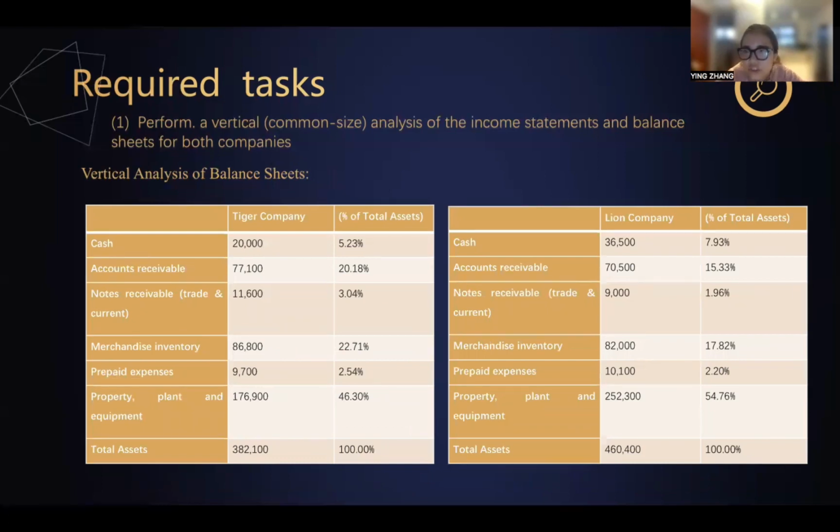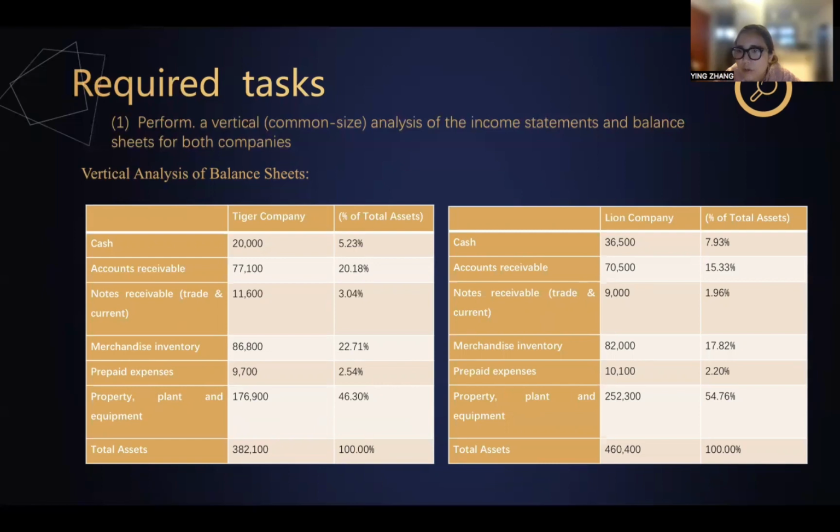From balance sheet analysis, cash represents 5.23% of Tiger Company's total assets, while for Loin Company, it represents 7.93%. Loin Company maintains a relatively higher cash reserve, indicating better liquidity.